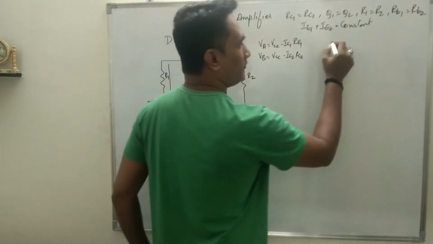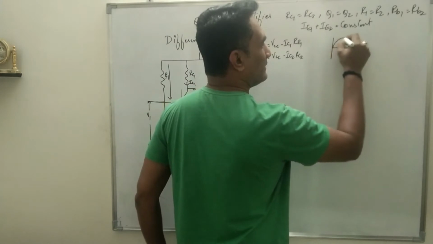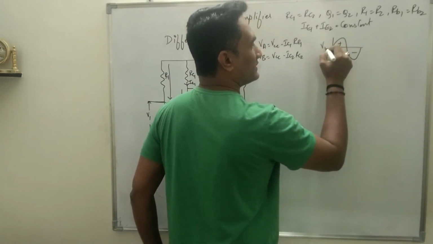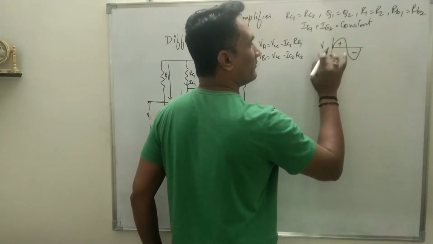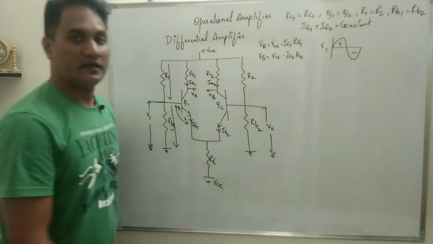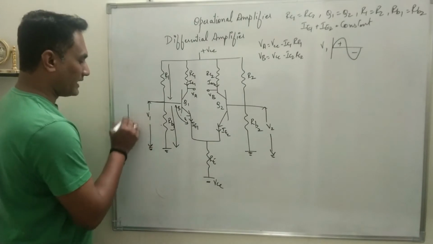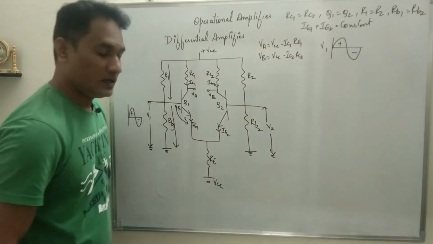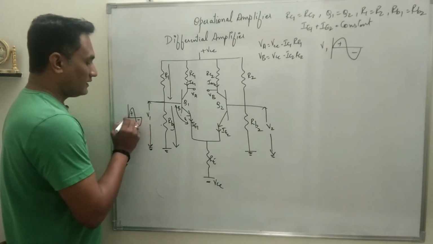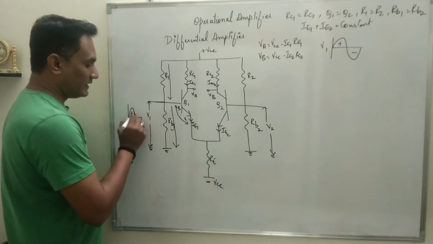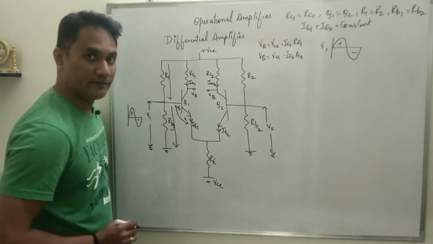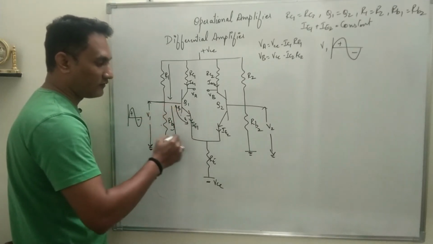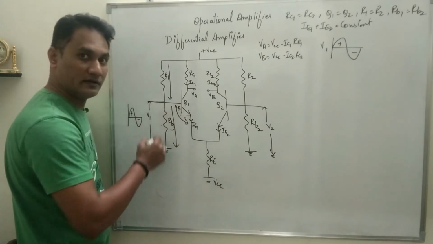Let's say the input is applied. This is the positive half cycle, this is the negative half cycle, this is at V1. Okay, V1, that means voltage applied across here, plus minus. Now as a sinusoidal waveform is applied and the input signal is applied to V1, of course it will affect the biasing of transistor Q1 here.